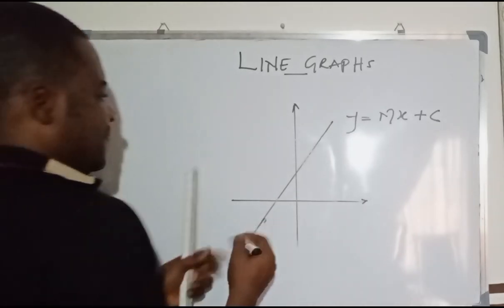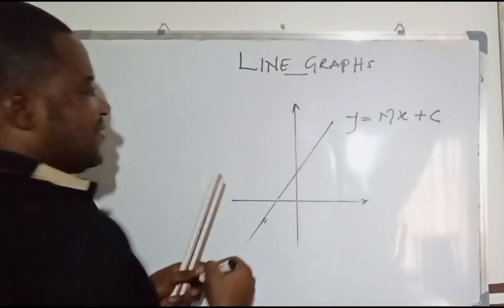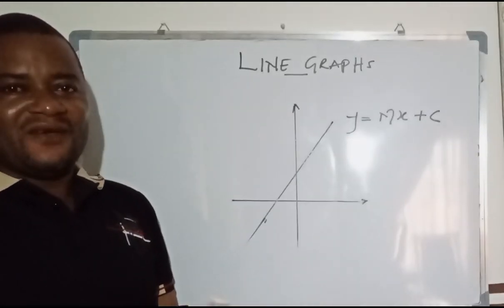For this particular graph, the y that you see there is the observed parameter or variable.